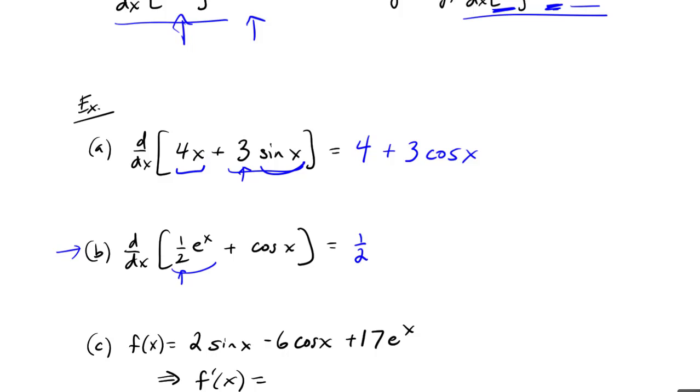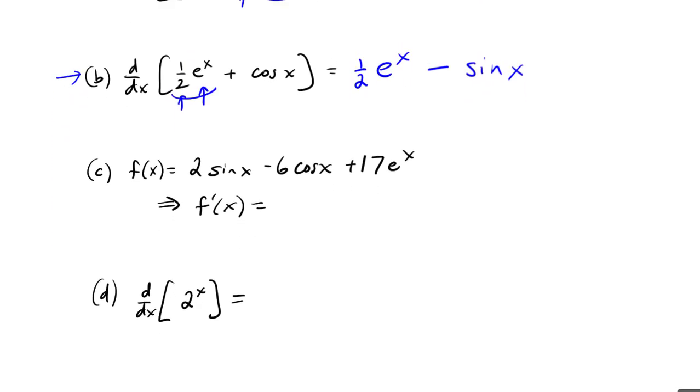So 1/2, and then the derivative of e to the x is itself, e to the x. Okay, then I'd have plus, and I take the derivative of cosine x. All right, the derivative of cosine x, as we learned before, is minus sine x. So I'm going to change that plus to a minus sine x. So 1/2 e to the x minus sine x.